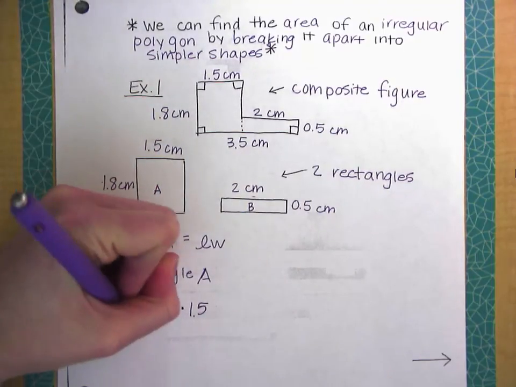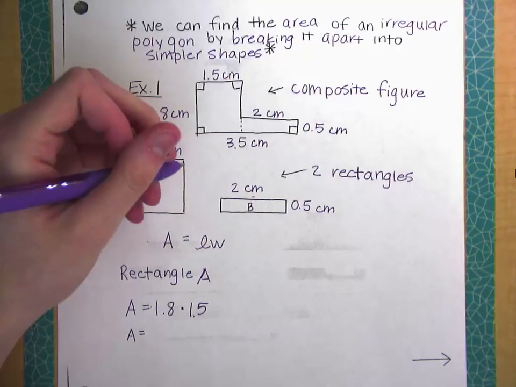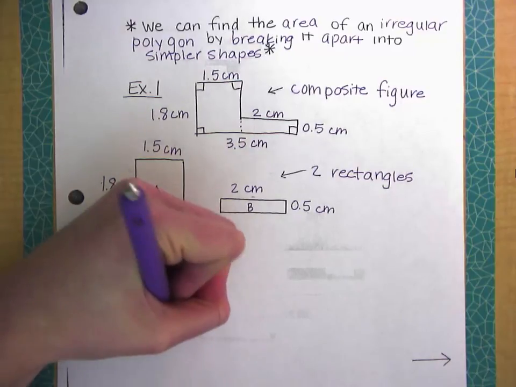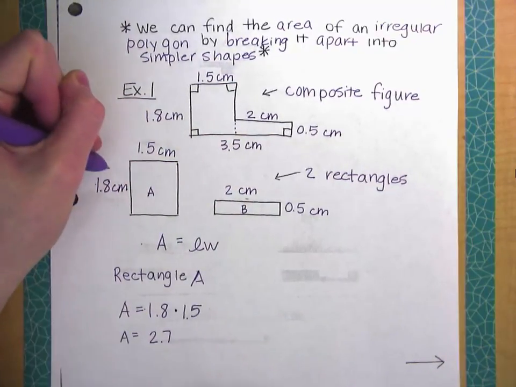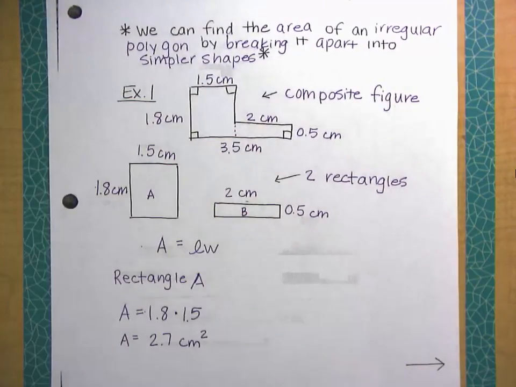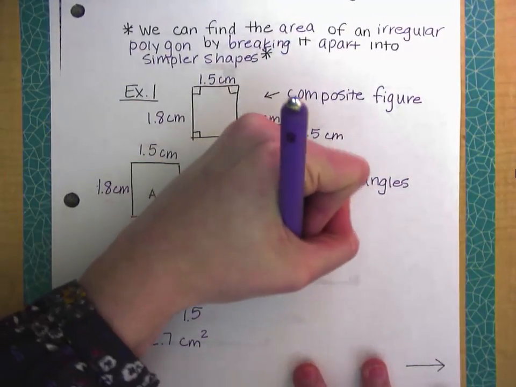And when I multiply that together, what do I get? 2.7 what? Centimeters squared. Okay? Now, am I done? No, what else do I need to do? I need to find the area of rectangle B.